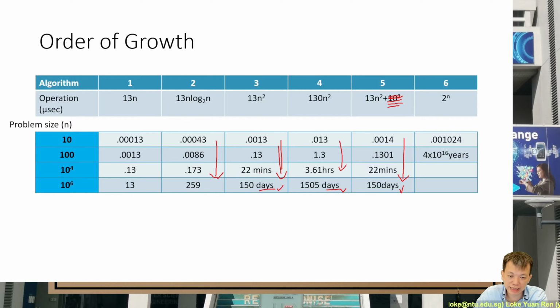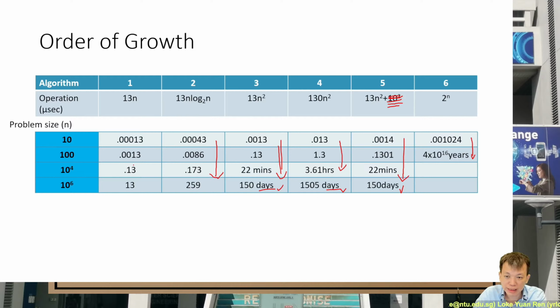This one is still in seconds. This one is already in days. The worst is the last one. The last one, you only increase 10 times, and you already need to take I don't know how many trillion years you need to wait. Basically, you have no chance to see the result.